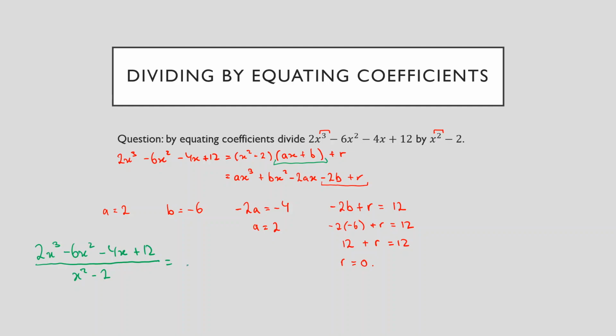So we end up with 2x minus 6. And we could write plus remainder at the end, so plus r, or plus r over x squared minus 2. But we don't need to because r is 0. So that's our answer.